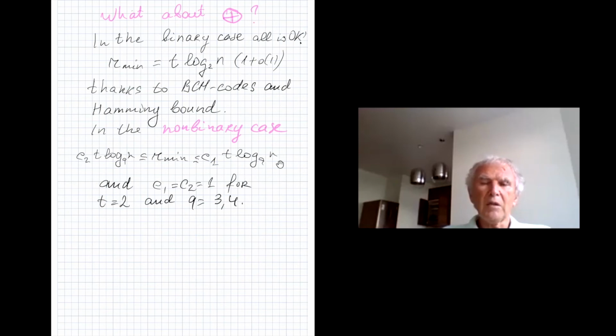Then, unfortunately, we don't know the asymptotic. We know only that it should behave as T times log_q n with some constant, but we don't know the constant. We know the constant is equal to 1 only for the simplest case, T equal 2, and even then only for the very small alphabets 3 and 4. After that, we don't know.